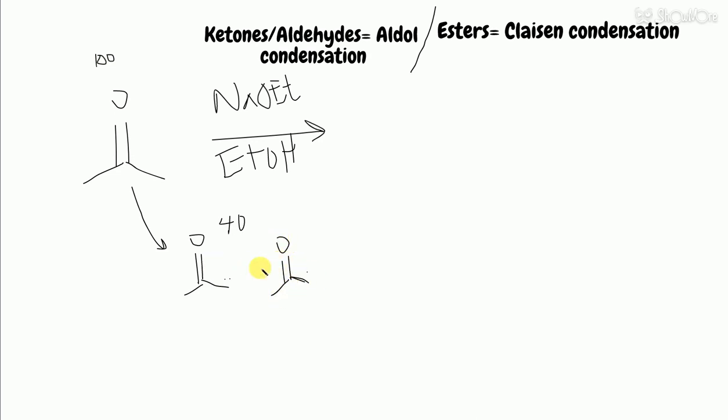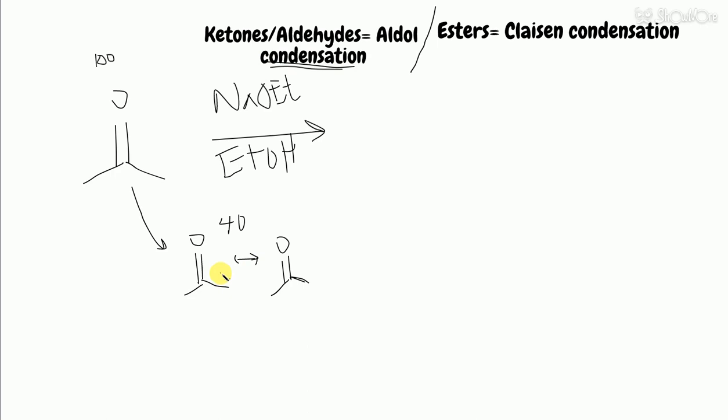So I'll have this interplay, some equilibrium going on here, but I will not have a large formation of this majority product. I'm going to have a mix of both. And so this is important because we want to have this condensation reaction, right? And so the condensation reaction is the merging of two molecules.